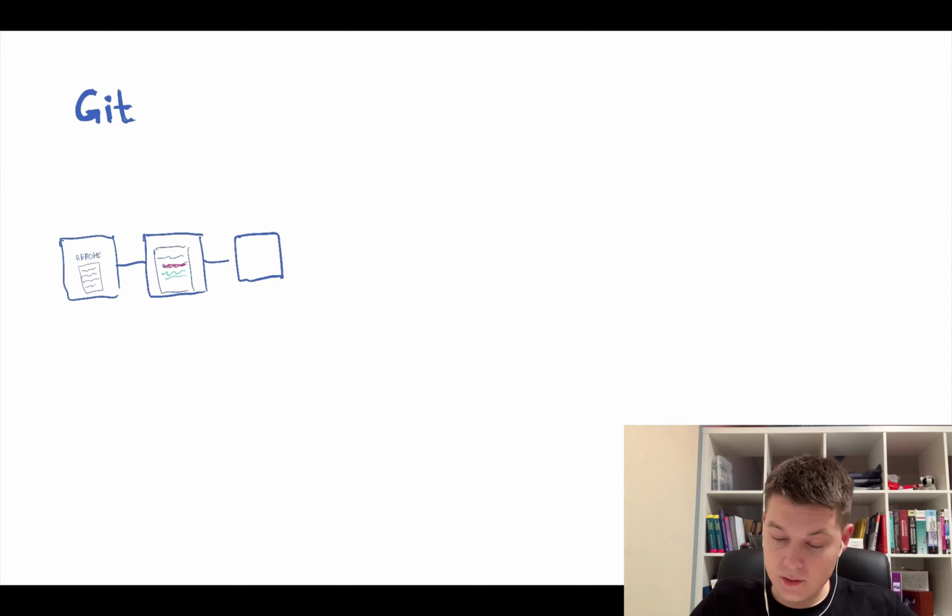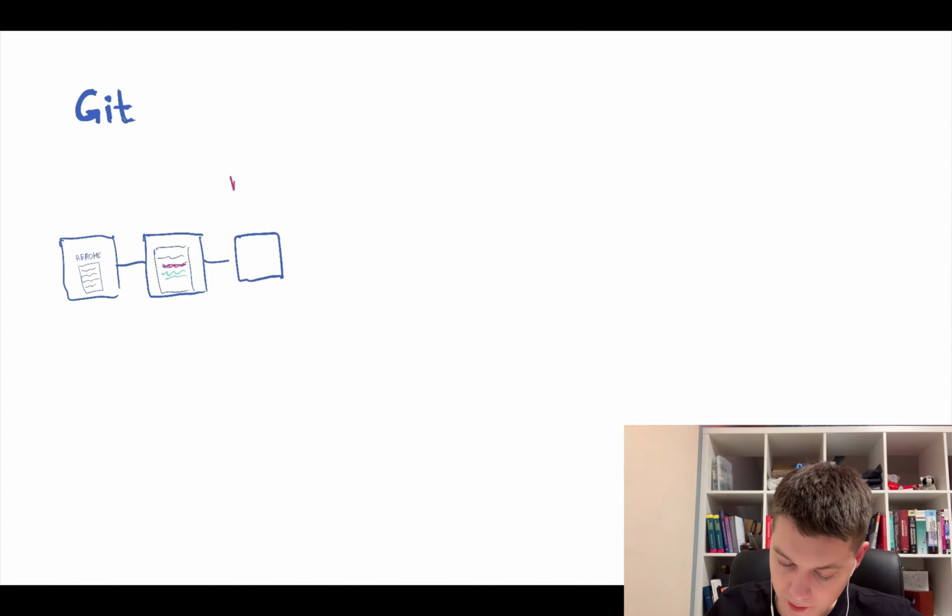Besides commits, in a Git repository, we also have branches, right? I'll show you why we need them a bit later. But let's say our Git repository has a main branch. A branch is basically just a pointer to a specific commit, right?